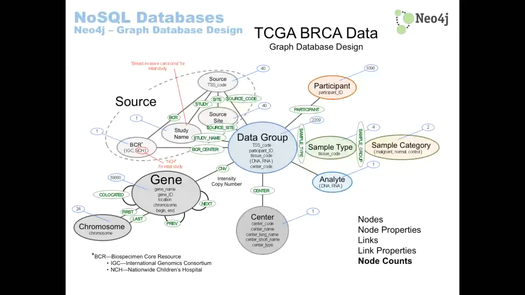Now, a data group is a term that comes from the Cancer Genome Atlas, but you should think of it as a set of data for a particular patient. And if you follow the link up to participant, there were over 1,000 participants, but 2,200 different data groups.